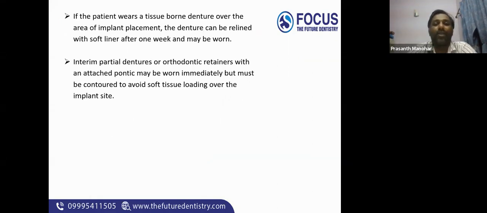And if the patient is wearing any denture, this denture has to be relined with a soft reliner so that there is no stress over the healing implant. The patient can wear a partial denture or an ortho retainer such that there is no stress or load over the soft tissue over the implant site.